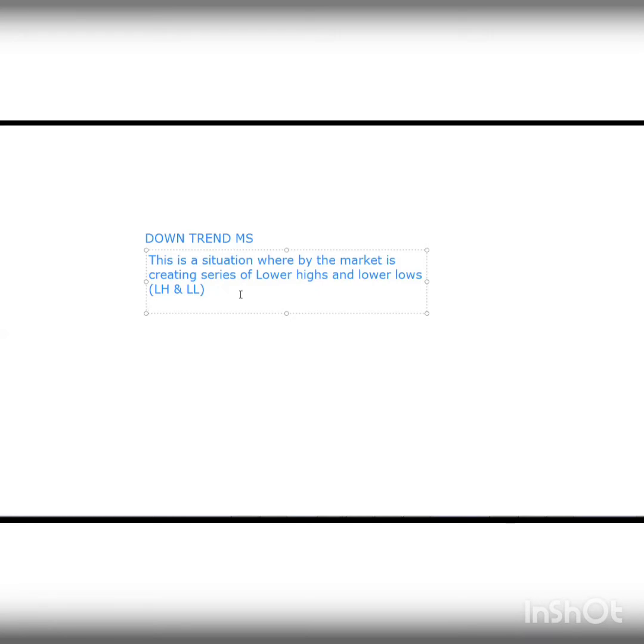The market tends to give us a series of lower highs and lower lows. And how do we know what is our lower high, our lower low? This is one of the things I'll be explaining, just like the opposite of the higher highs and higher lows.